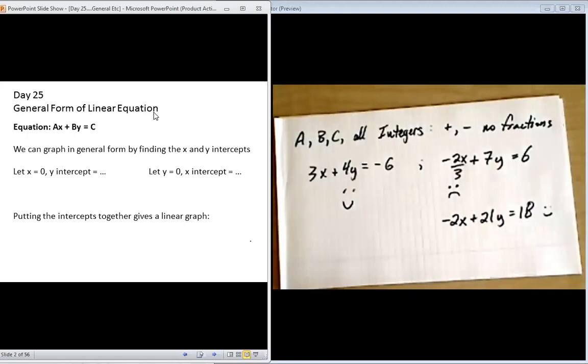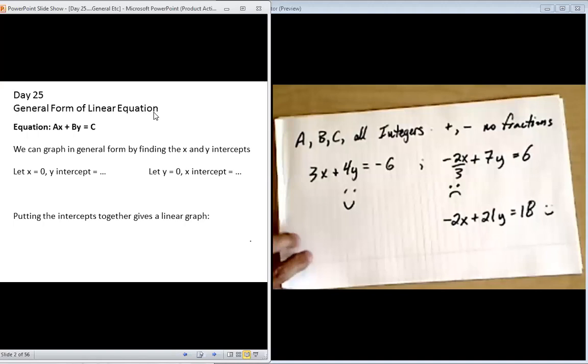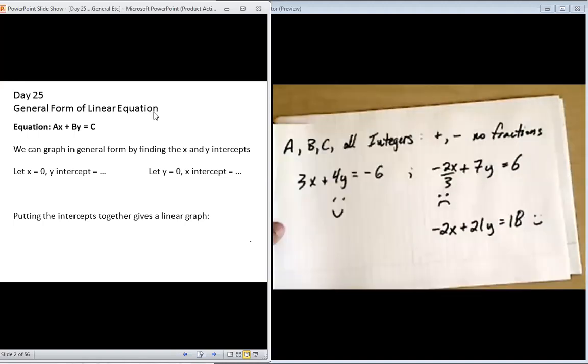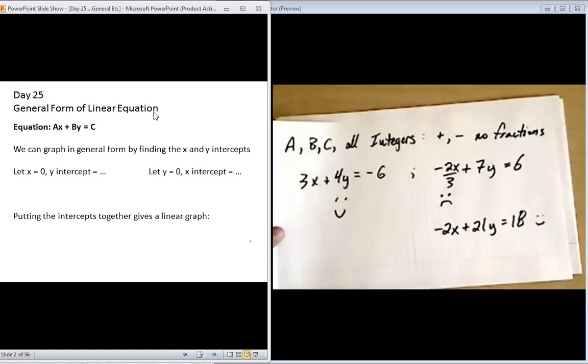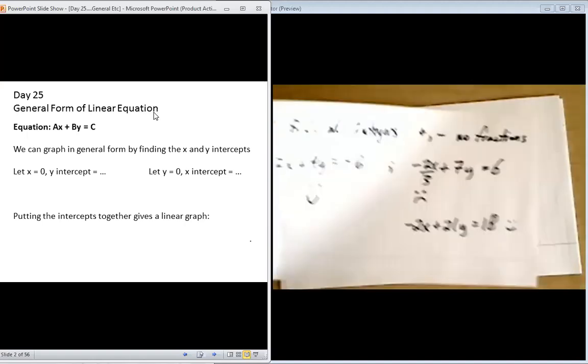Now, on the screen there, it's starting to talk about creating the graph. If you remember, to create any graph, what do you need? You need points. How many? 2. You need 2 points and a ruler, right?